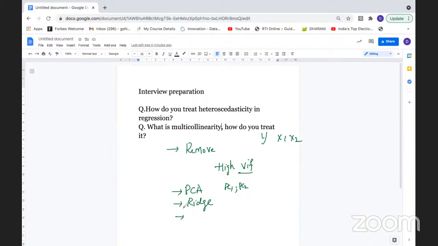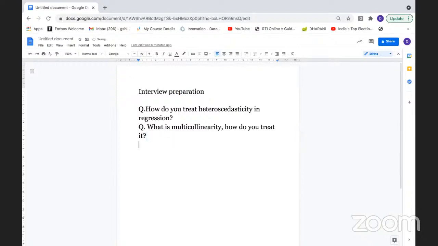Now the question comes: when is multicollinearity not a problem for us? Let me write it down.